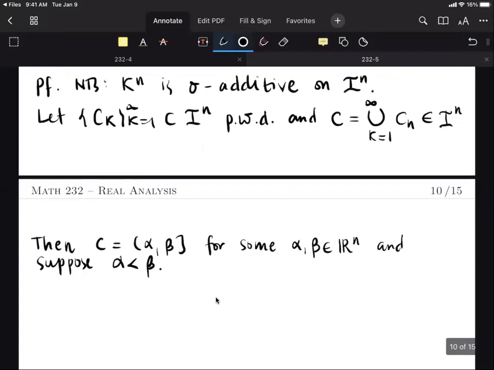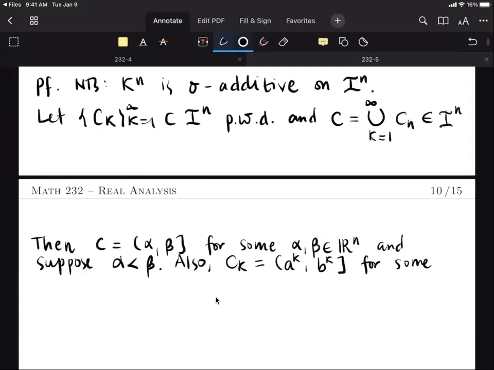So now, having said this, let us also write the cell C sub k as what? A sub k, B sub k. Okay, and let us use a superscript to distinguish between components.